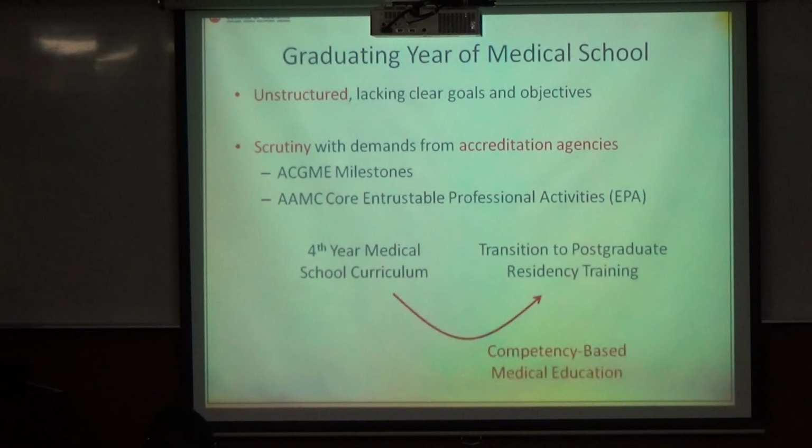So you can see that the fourth year curriculum has become the interest and focus of a lot of people nowadays, particularly with respect to competency-based medical education. People are not sure what's happening here because, at least on the medical school side, we think they're doing very well. But then once they go into residency, program directors are telling the medical schools that they're not prepared.